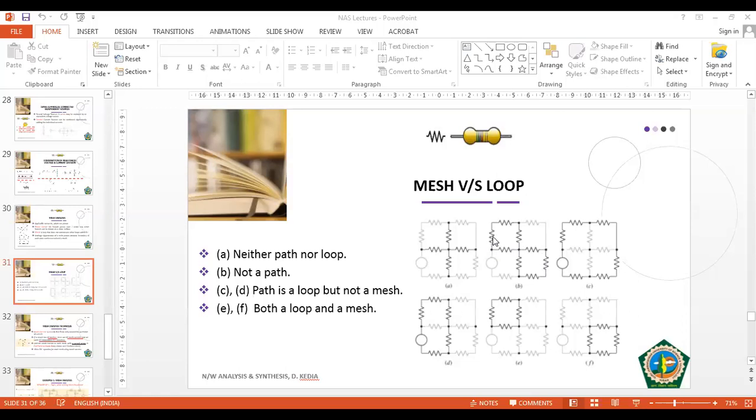Like you look at the figure, it is a kind of 8. If we are not considering it as a path, then there is no question of it being a mesh, because the basic definition is path. If there is a path, there is a loop, and if there is a loop, there can be a mesh.